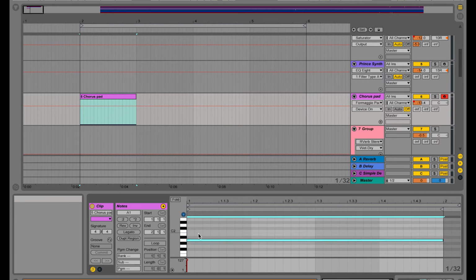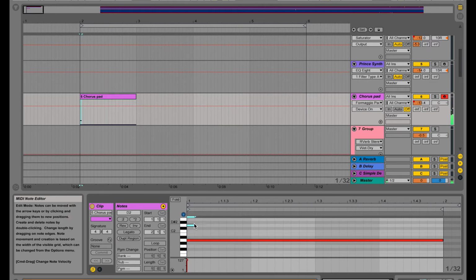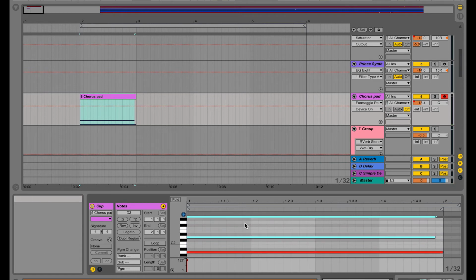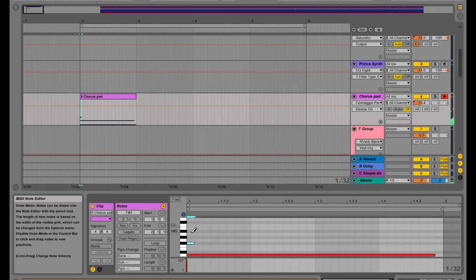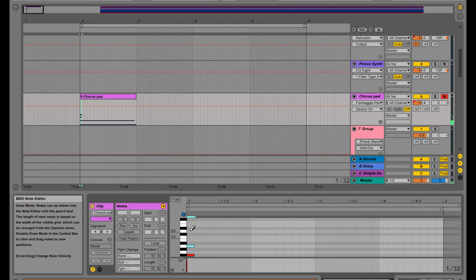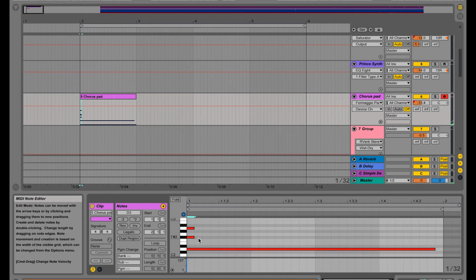So what I'm doing is I am drawing in a pretty stock D major chord. I generally don't like to have chords be this straightforward, just because it's not such a human way to play. Keyboard players rarely want to play a 1, 3, and 5.